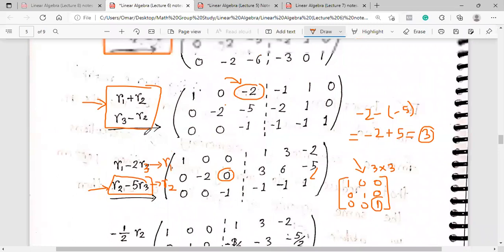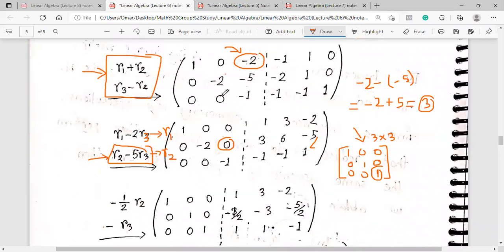So R1 minus 2 into R3. Sorry, it was 2, right? 2 multiply R3.